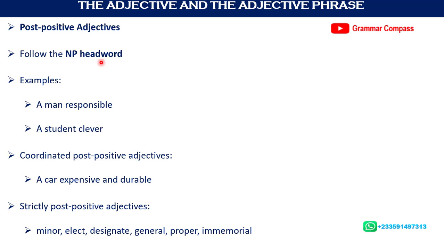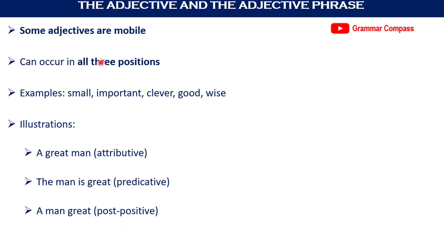So we have discussed the three main syntactic roles of adjectives: the attributive role, the predicative role, and finally the post-positive role. And I hope you can give examples of all the syntactic roles of the adjective. Not all adjectives are restricted by position.